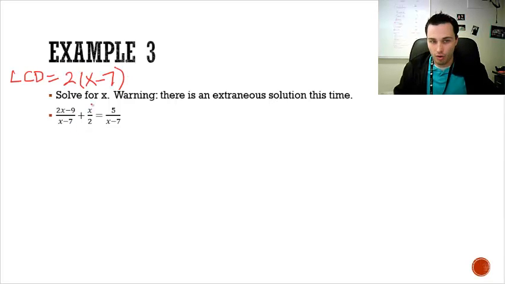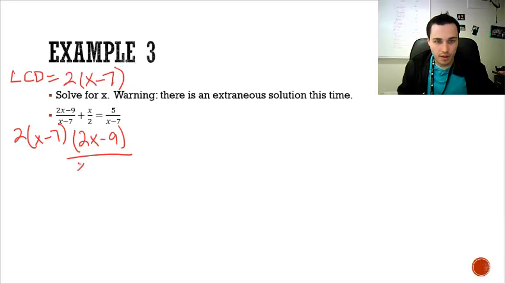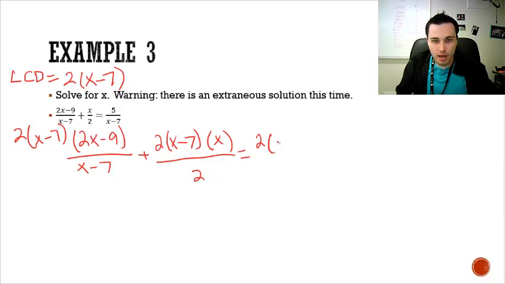If I multiply all three of these fractions on top times 2 times x minus 7, then the denominators cancel. I solve like normal. So 2 times x minus 7 times the first fraction, 2x minus 9 over x minus 7, plus 2 times x minus 7 times x over 2 equals 2 times x minus 7 times the 5 over x minus 7.